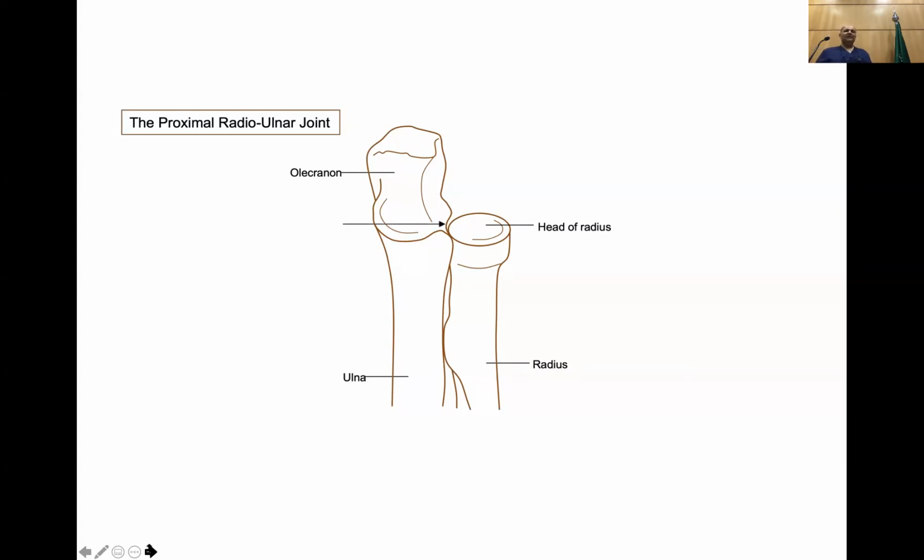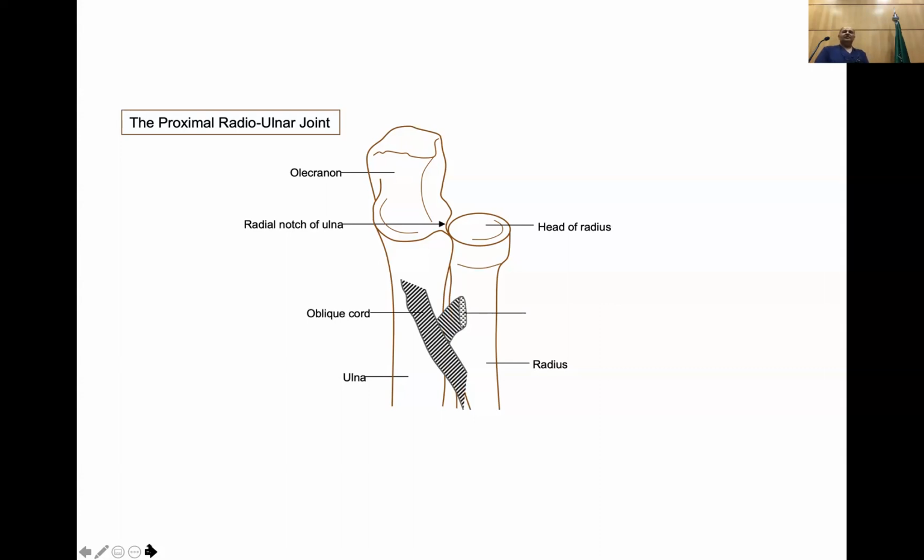And this is the place where we have the articulation, the radial notch of the ulna. The radius has a space, the ulna has a space, so they are made for each other. That's why they are named so. The ulna has a place to accommodate the head of the radius. And this is one of the ligaments shown up here.